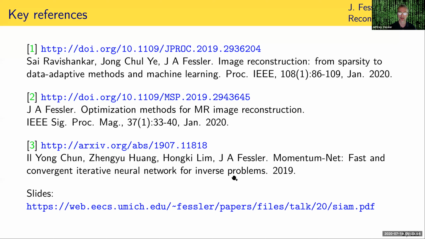And then a current paper from my group from Il-Yong Chun, a former postdoc who's now a professor in Hawaii. That's one of our favorite current methods for deep learning reconstruction of images. If you want to follow along, the slides themselves are on my website right now, and you can download those and do whatever you want with them.